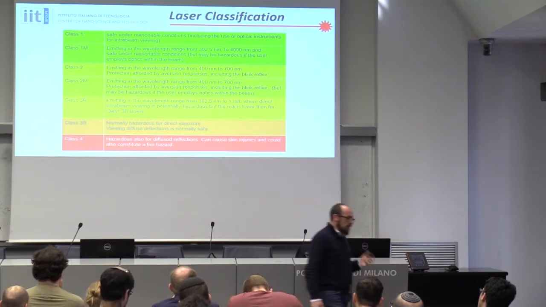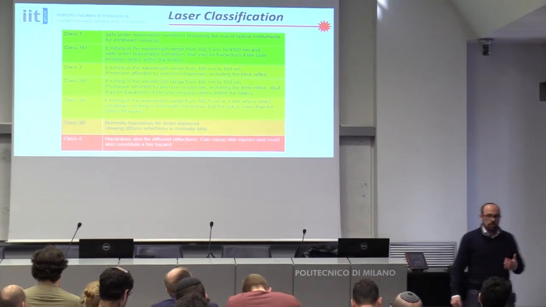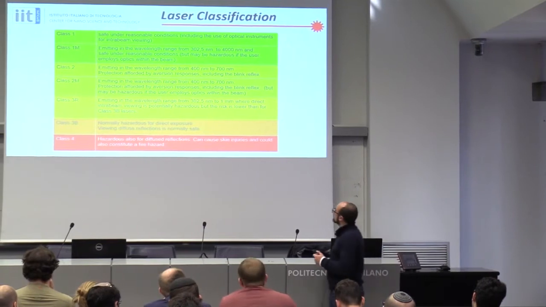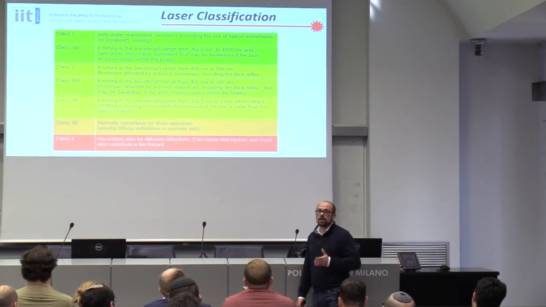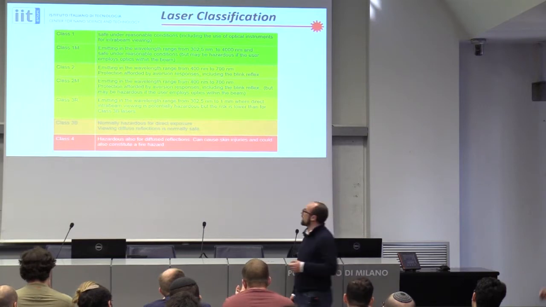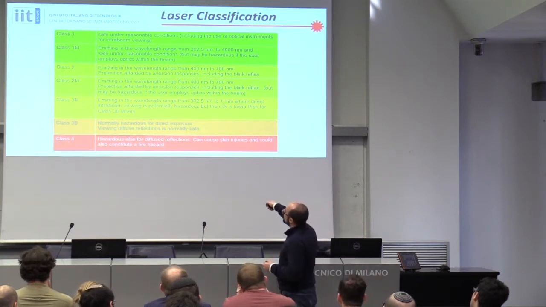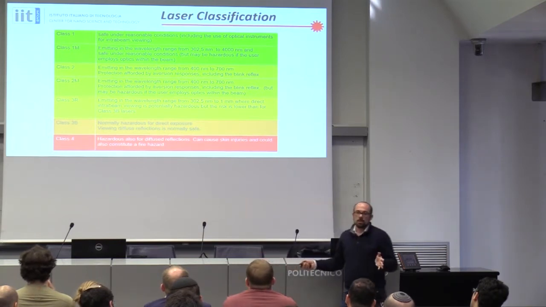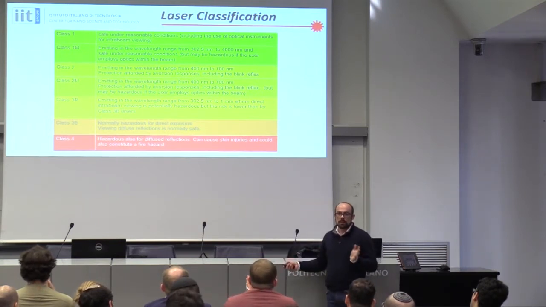Since our aversion reflex takes about 0.25 seconds, they are not going to be dangerous for an exposure lower than a quarter of a second. Class 2M, you already know the point: it's safe in the visible unless you use some optics, and then we cannot guarantee.